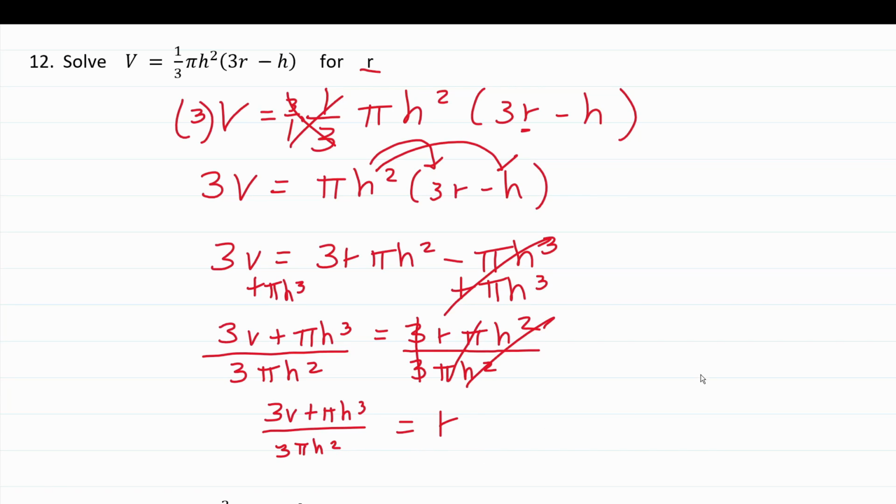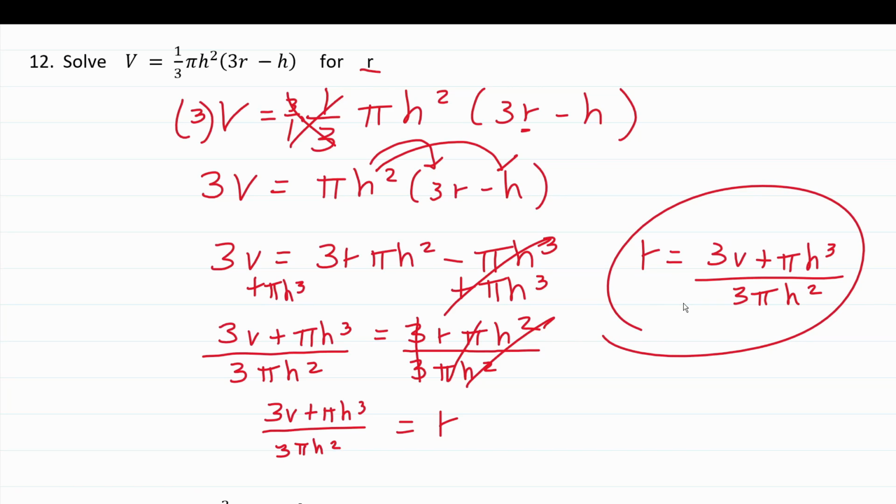Again, in math, it's customary to write the variable for which you solved on the left. So this is r equals 3v plus pi h cubed over 3 pi h squared. And just like that, we solved for r. All right, so that's that one.